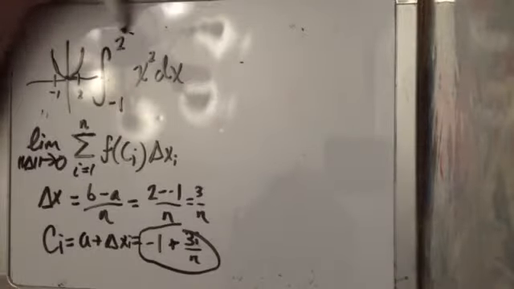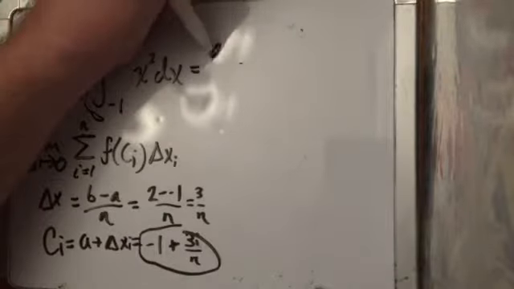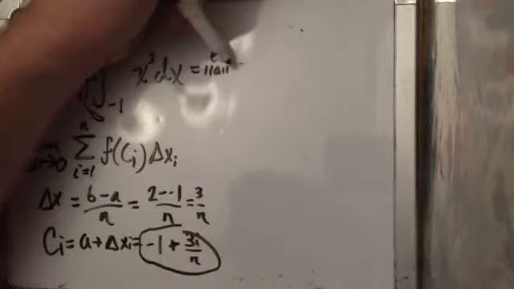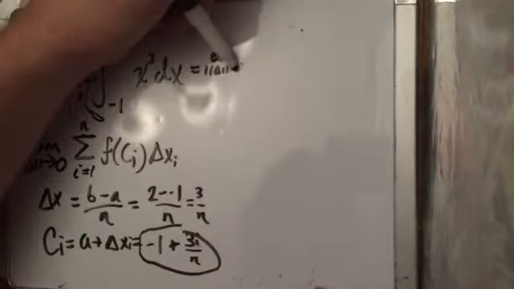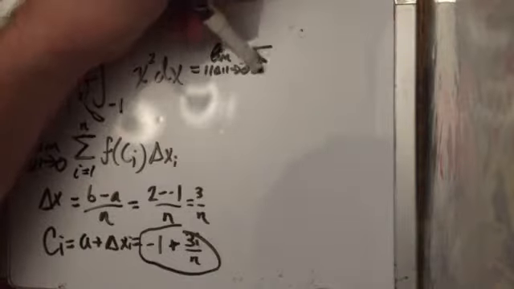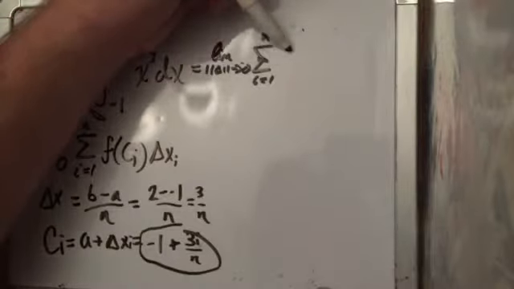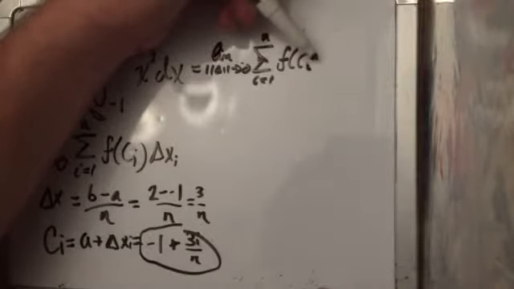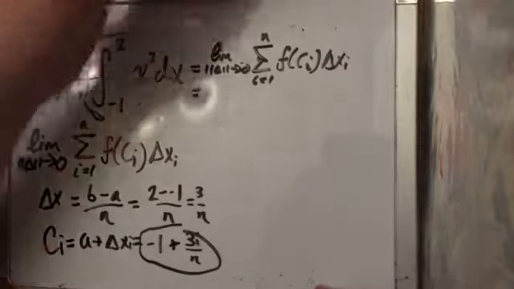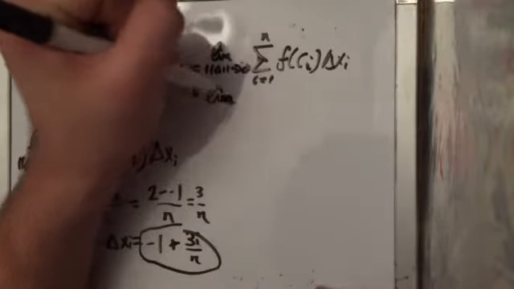So this integral equals the limit. It's going to get a little redundant, but that's okay. It goes to infinity of the sum from i equals 1 to n. You have to state the definition first, and then you can substitute in everything.